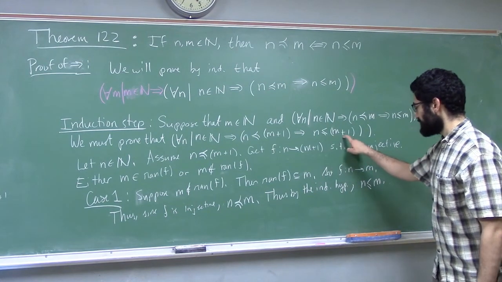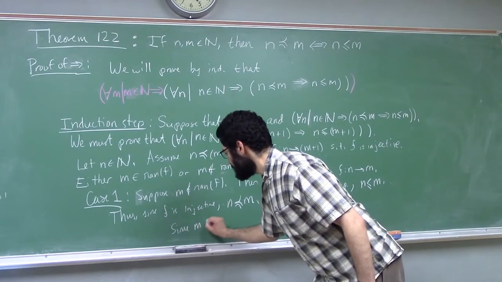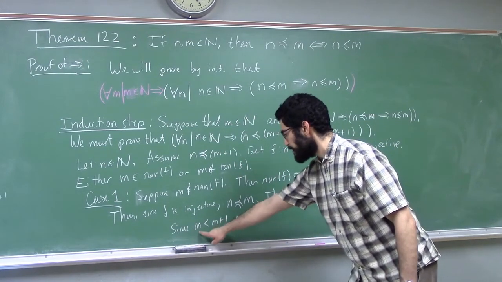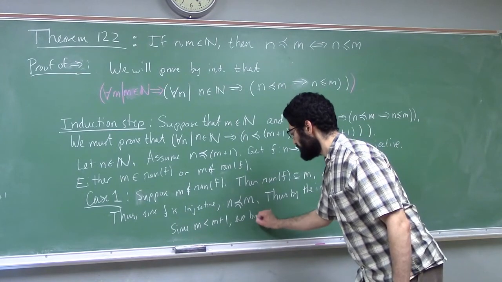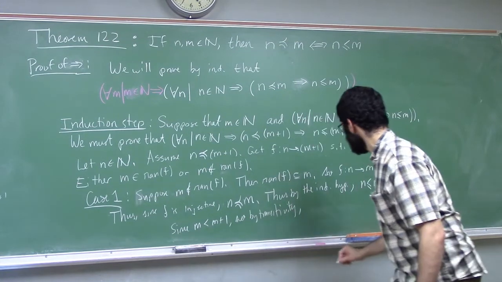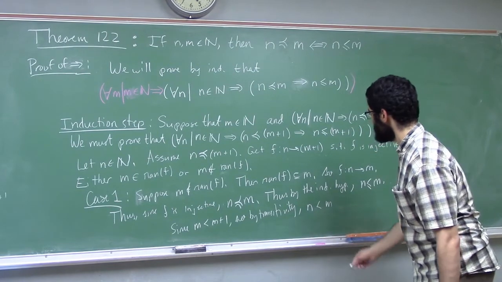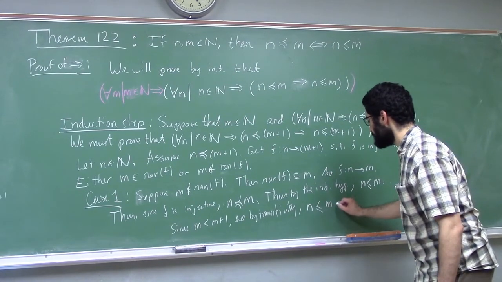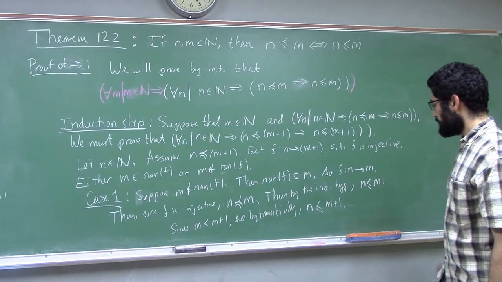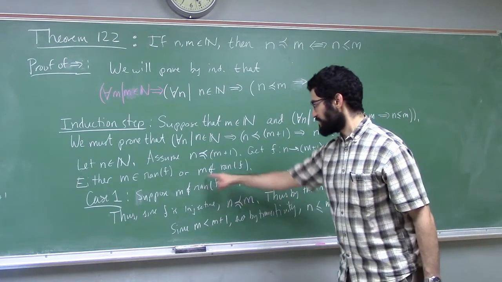The goal was n is less than or equal to n plus 1, but m is less than m plus 1, so this is just a statement that m is less than next m, so by transitivity, n is less than, I mean, we actually have that it's less than n plus 1, but let's write less than or equal to n plus 1. All right, so that handles case 1 in our induction step, the case where m is not in the range of f.